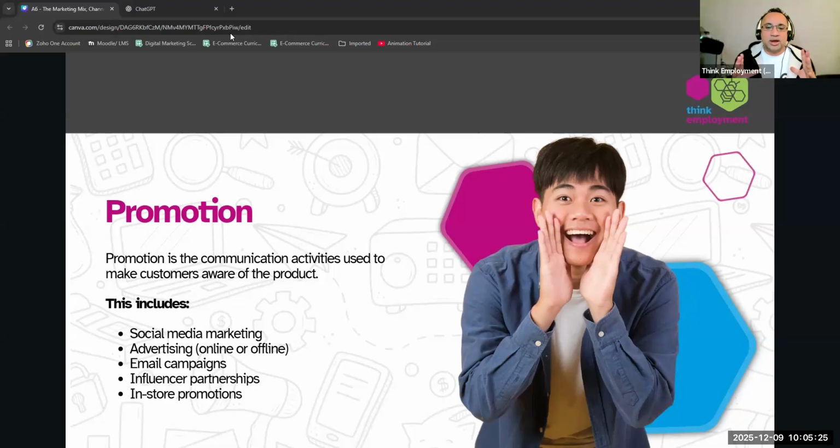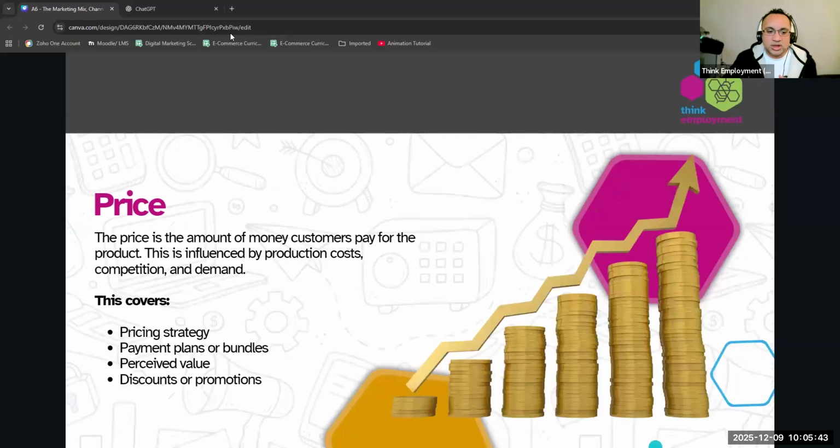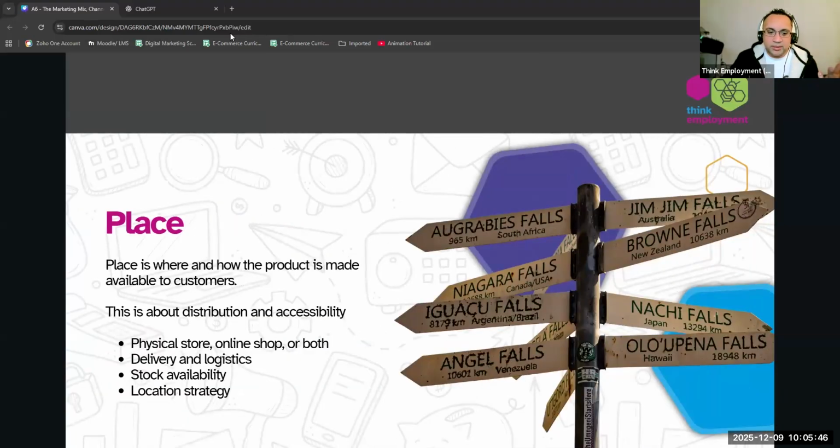How big do I make the price on the actual promotion? What color should it be? Then you're going into color theory. Should it be green? Should it be red? What kind of emotions am I trying to give to the customer? So you're thinking about the price and your pricing strategy as a part of your marketing campaign.